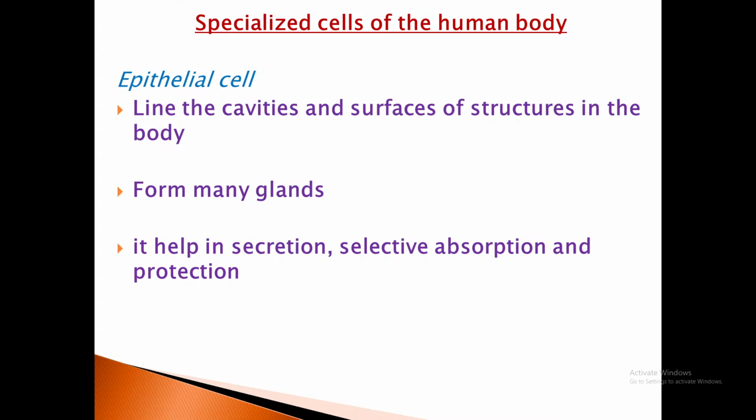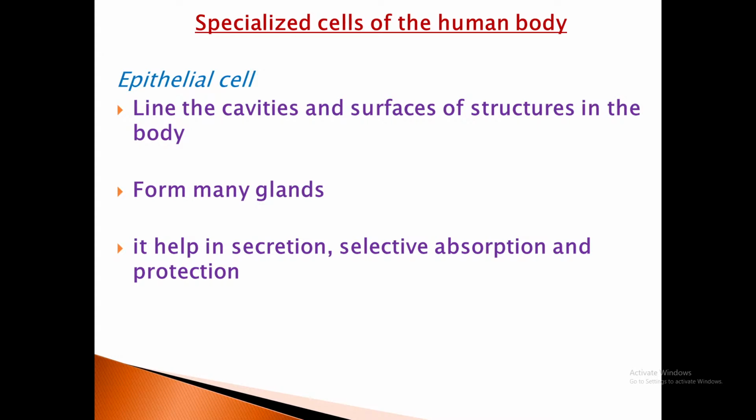Very important, because if the lining or the surfaces of these body structures, in terms of organs, are not developed properly, meaning that if they are not protected properly, then of course they will get damaged easily.